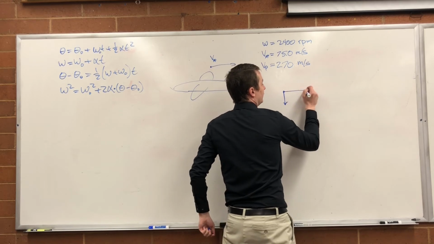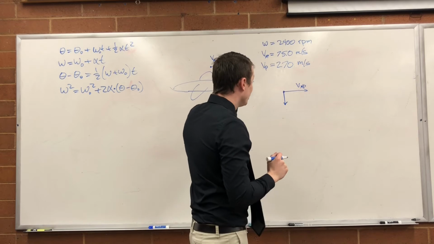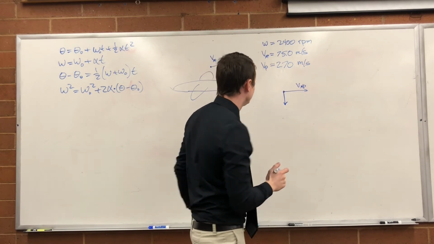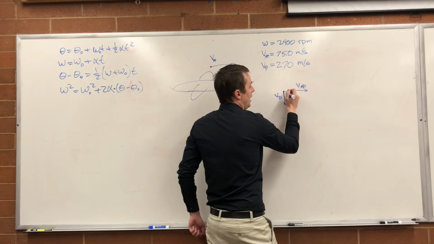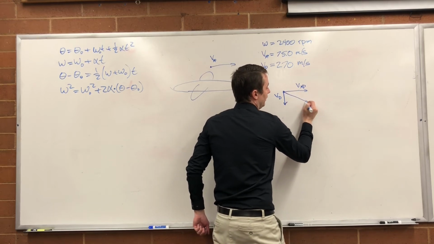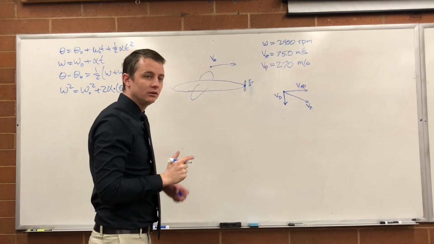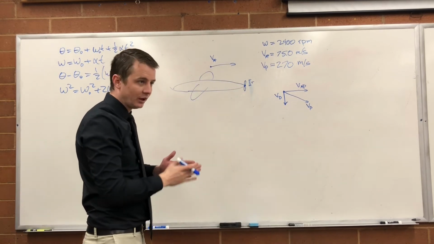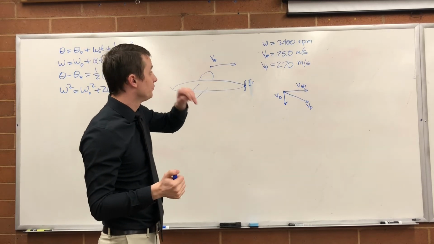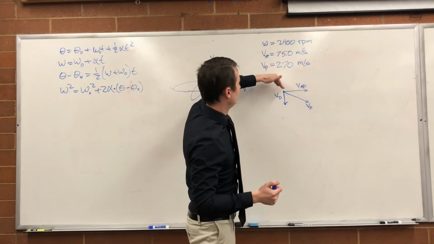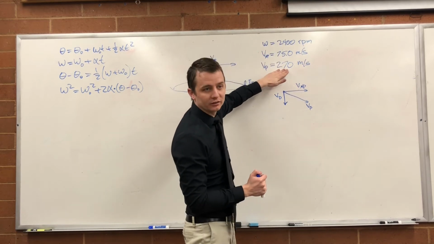So I'm going to have this right here as the velocity of the airplane. This right here we'll call the velocity down. And the resultant is the total velocity of the propeller. Does that make sense now? You might have naively ignored the forward velocity and just said, what makes it rotating this fast?